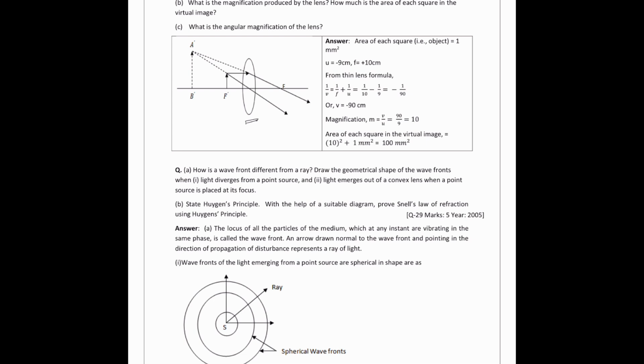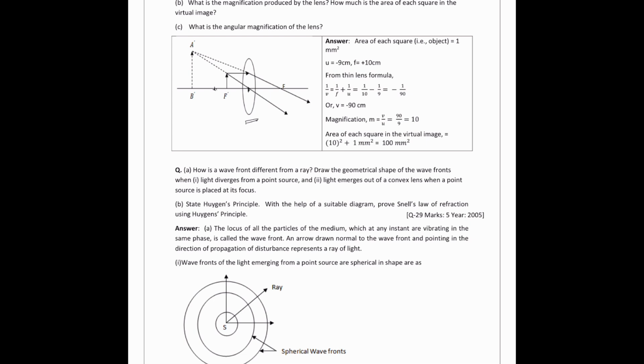Draw the ray diagram. So what happens? If an object is kept between the focus and the optical center of this lens, then the enlarged image is produced. Okay, so if you keep it at the focus, then the image is found at infinity.